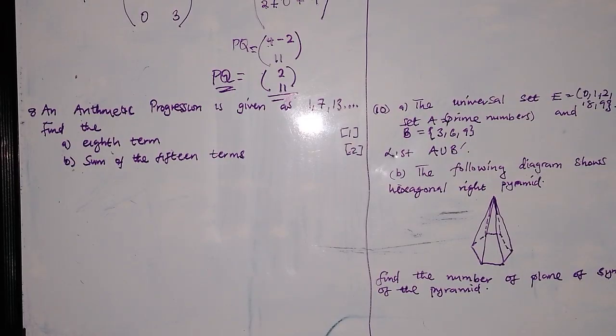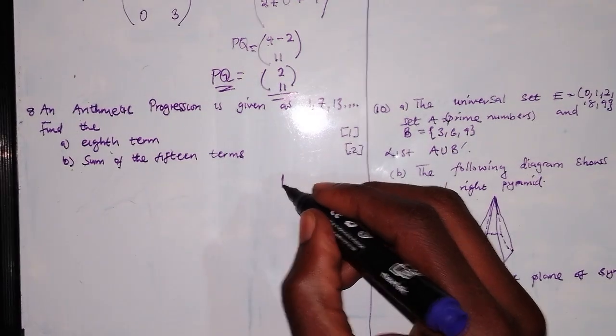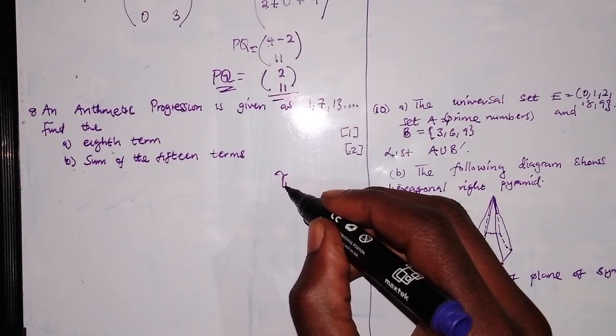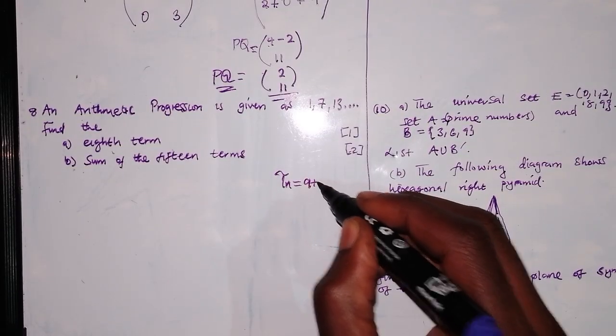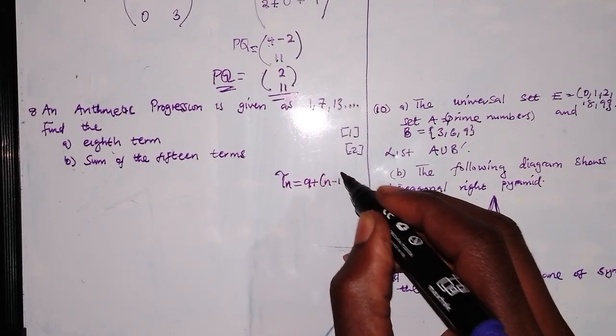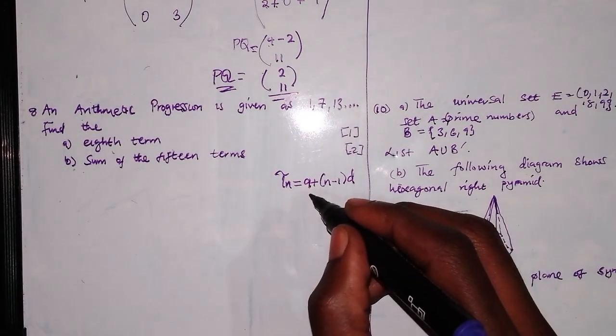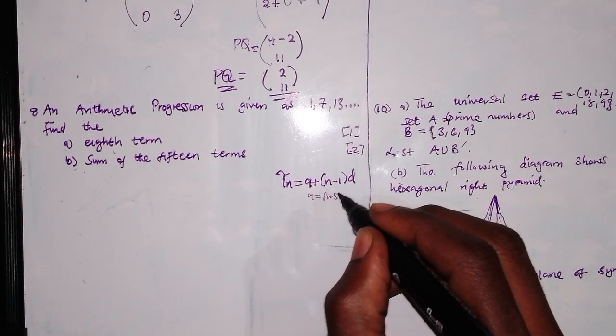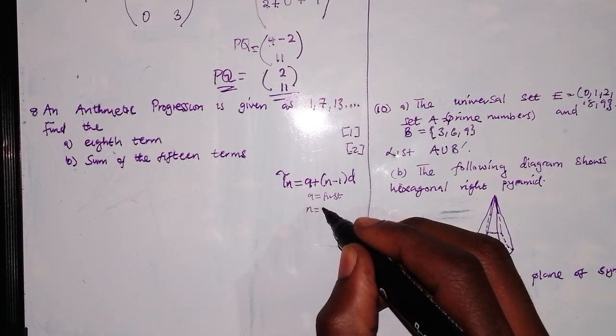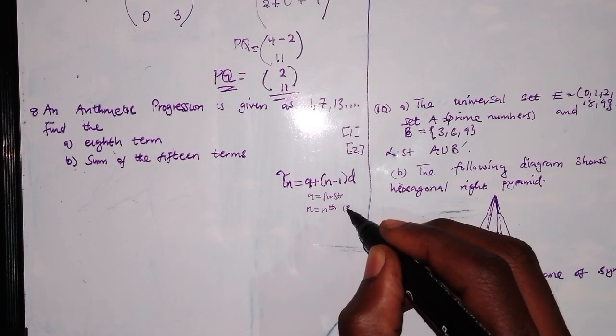Whenever you are solving questions on arithmetic progression, the first thing you need to understand is the formula. The formula for arithmetic progression is given by a plus n minus 1 times d. So a is our first term, then n is the nth term.